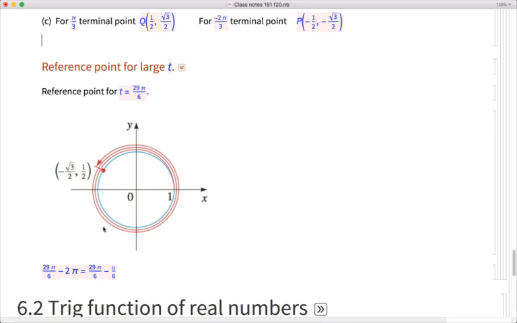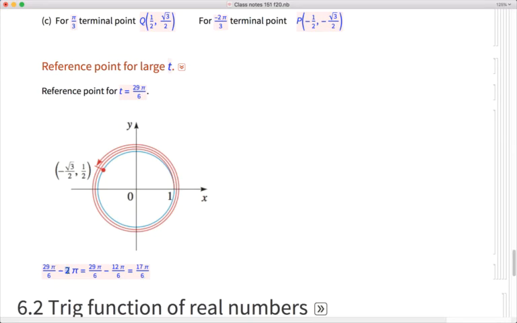So the initial number is 29 pi over 6. If you subtract off 2 pi, that's the same as subtracting 12 pi over 6. And what does that give us? It looks like we get 17 pi over 6, which is still more than 2 pi.